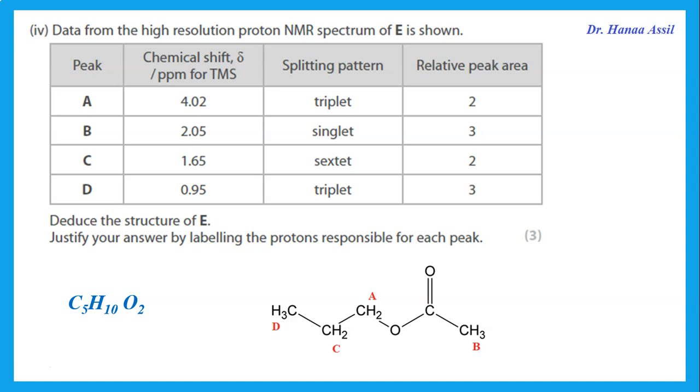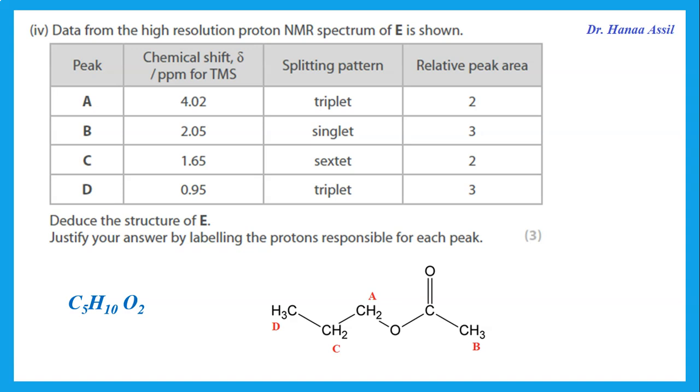C is a sextet, that means it is the CH2 in the middle there, in which it is surrounded by 2 hydrogens from one side, 3 hydrogens from the other, so that's 5, so it would form a sextet, and it is due to 2 protons. And D is that methyl group on the left end. That's a triplet because it has 2 protons next to it, and it is due to 3 protons.